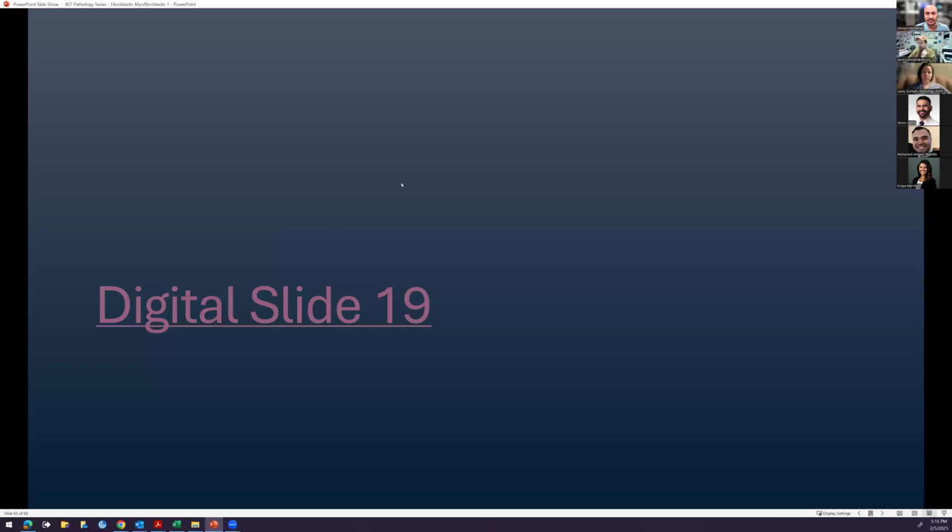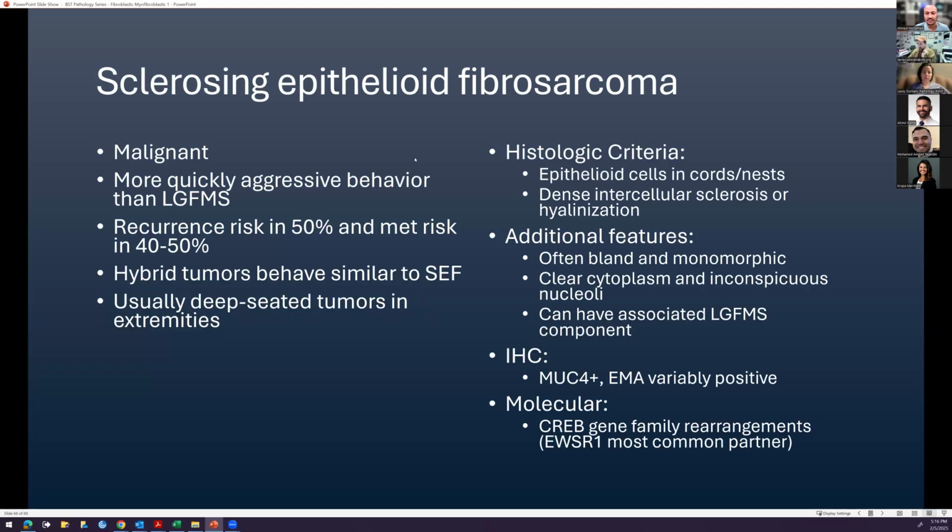So this is sclerosing epithelioid fibrosarcoma. Both of these tumors can have components of the other one. So they can be this mixed low-grade fibromyxoid sarcoma with sclerosing epithelioid fibrosarcoma, or they can be de novo, right? And SEF is one of those rare tumors that you really only see once in a blue moon, I would say. But they're generally more aggressive, right?